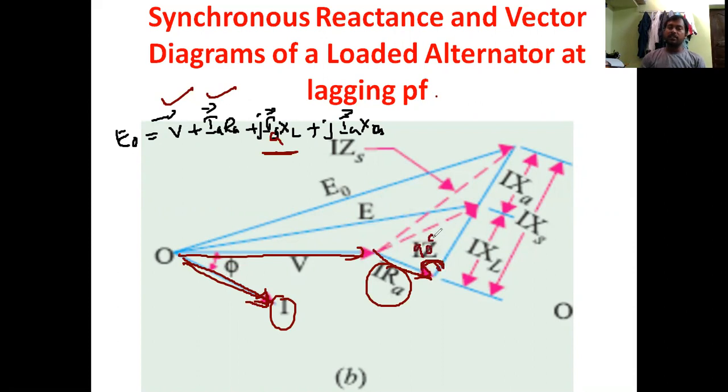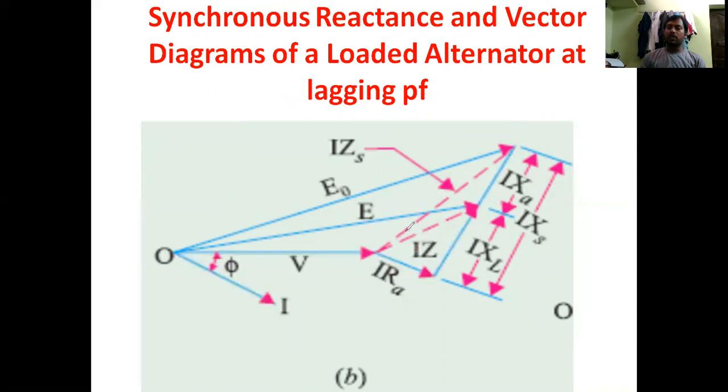So here 90 degrees, this is IAXL, and now IAXA. The total XL plus XA is nothing but XS, and the total from up to here is called IA into ZS.